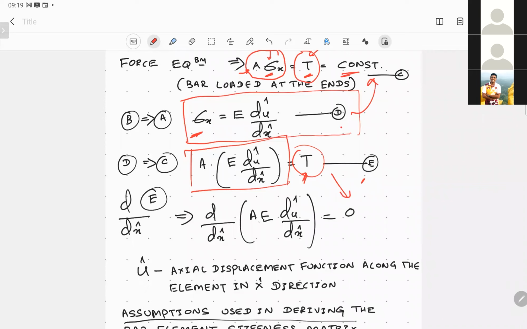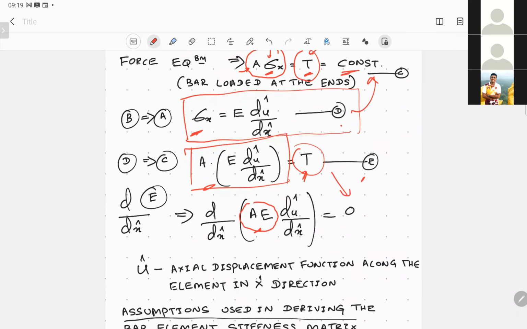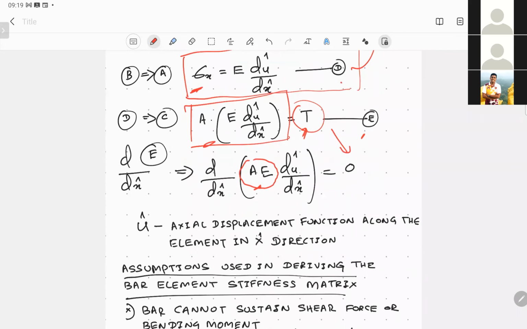And you can differentiate this whole left hand side with respect to x hat, but obviously, in this case, we have assumed that A and E are functions of x hat. For the current case, let's assume that the cross-sectional area and the modulus of elasticity are constant, and we can take them out on the left hand side when you differentiate.